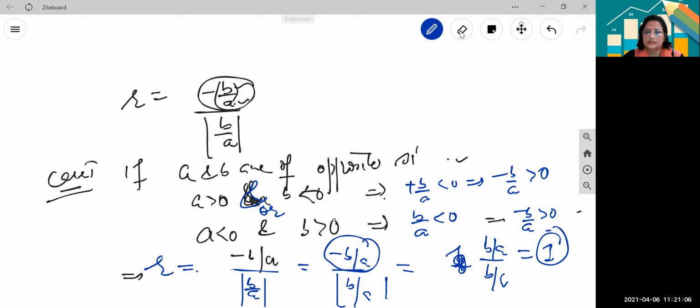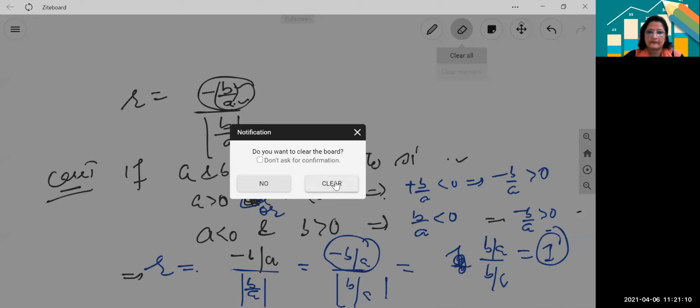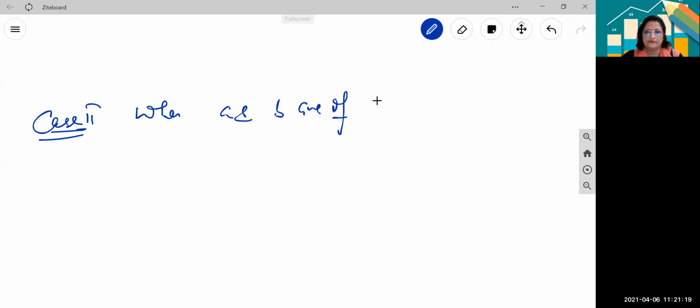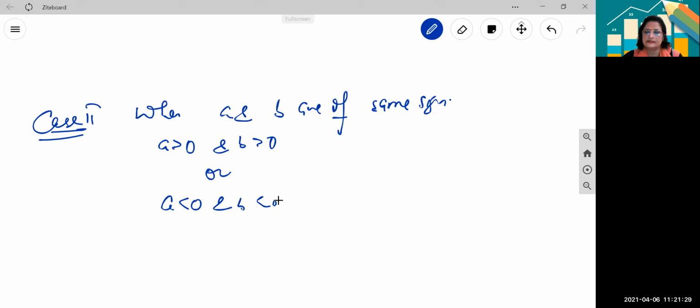Now we will do the second case. Case number 2. When A and B are of same sign, two cases will come: A greater than 0, B greater than 0, and A less than 0 and B less than 0.